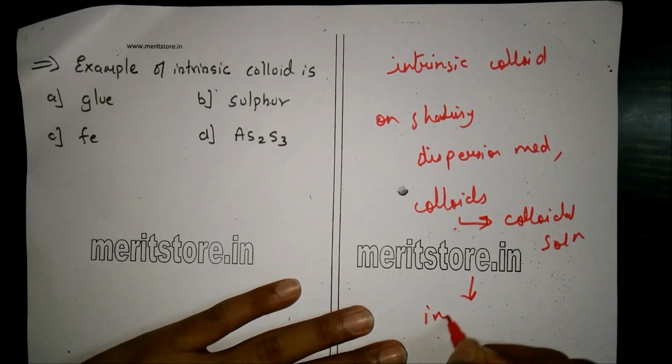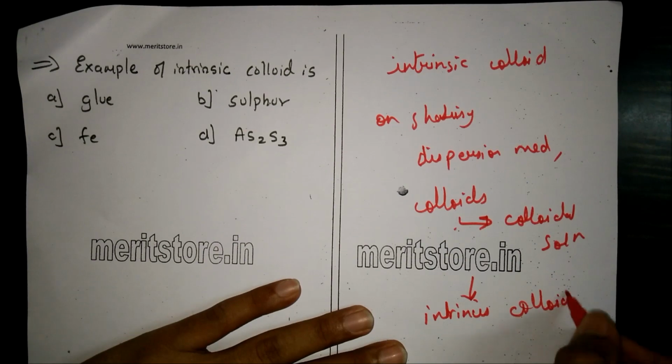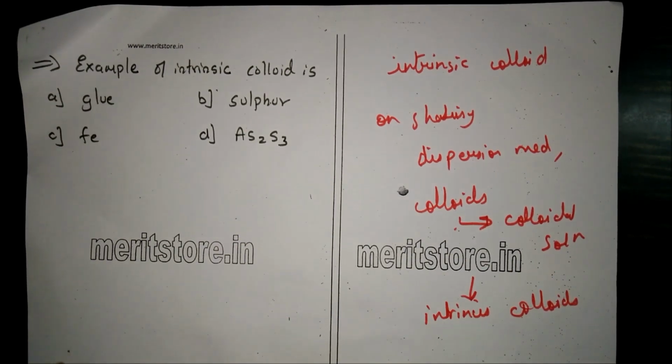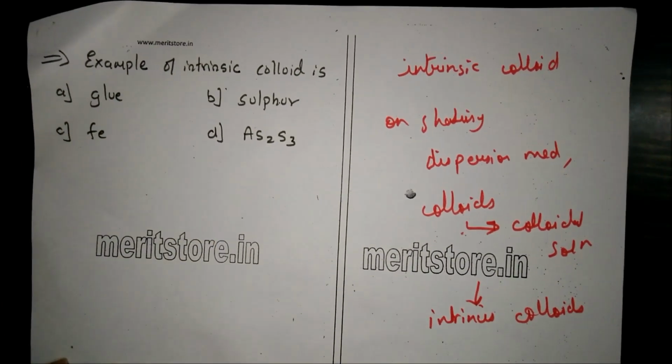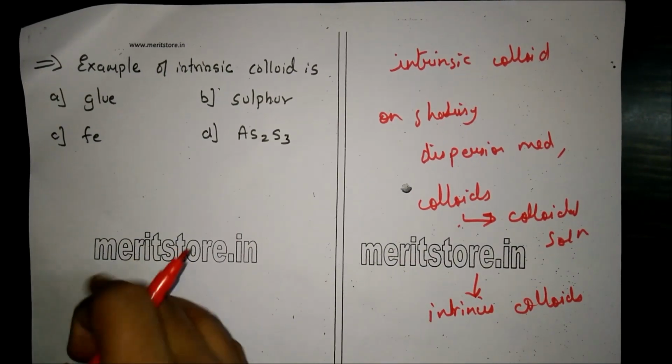Hence they are called intrinsic colloids. Here, glue is the best example of an intrinsic colloid. Rest all are not. Therefore, A is the correct answer.